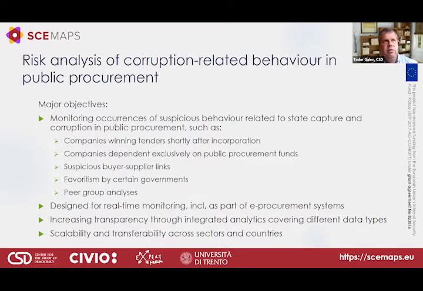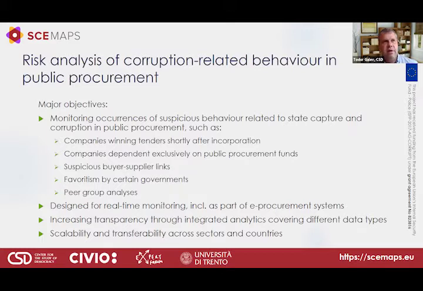Using this methodology, you can see that there are companies that, for example, have more than 90% of their annual turnover coming from a single public authority through tendering procedures. So it means that these companies are in a way totally dependent on the tenders.